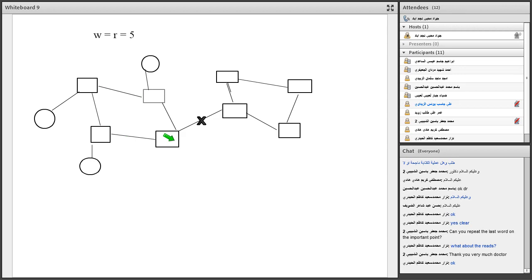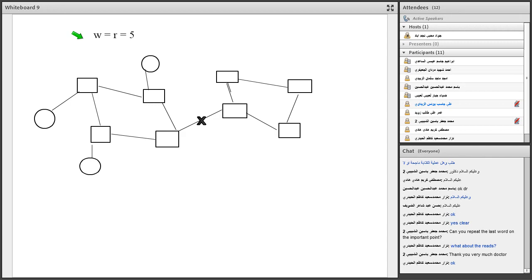In this case, the connection between these two machines is cut off, and so any write or read request sent to the square node cannot be confirmed, because we need W equal to 5, but the available W is lower than 5.